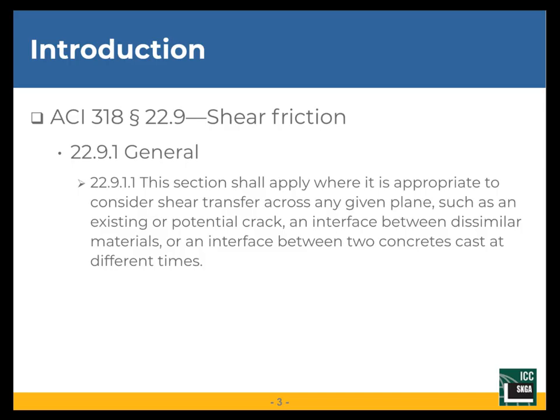Shear friction shall apply where appropriate to consider shear transfer across any given plane, such as an existing or potential crack, an interface between dissimilar materials, or an interface between two concretes cast at different times. So it's a really catch-all provision.